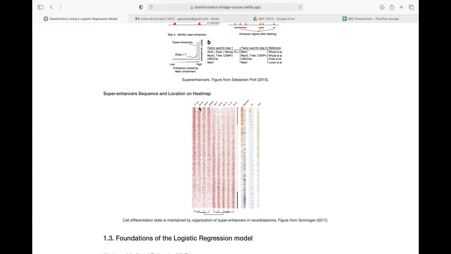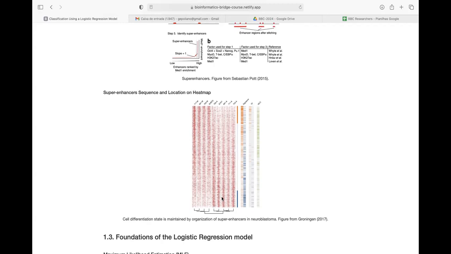You can see that the enrichment of the super enhancers is higher here for the mesenchymal cells and higher here for the adrenergic cells. What that means is that we are able to discover an epigenetic pattern that can differentiate an adrenergic cell from a mesenchymal cell.